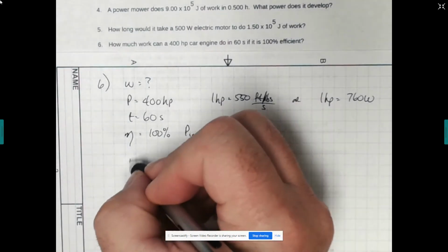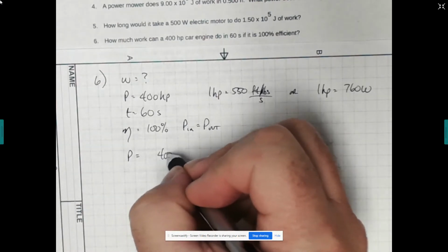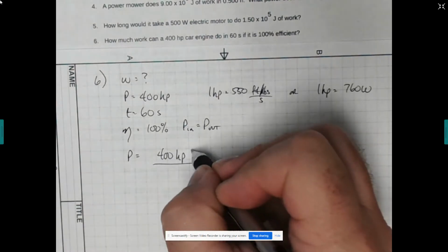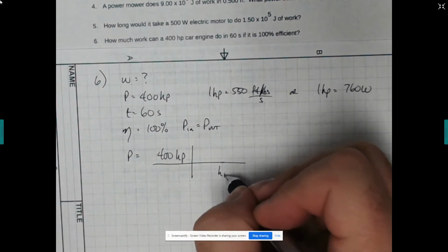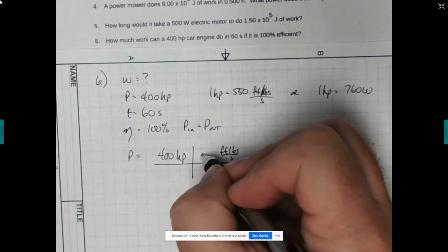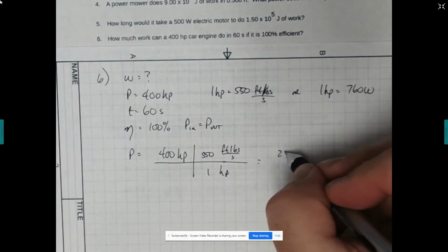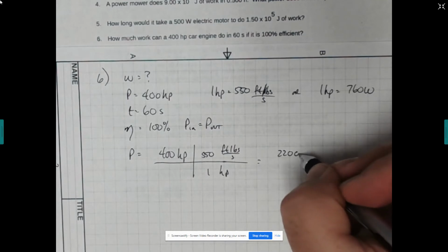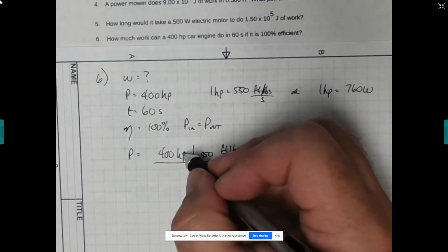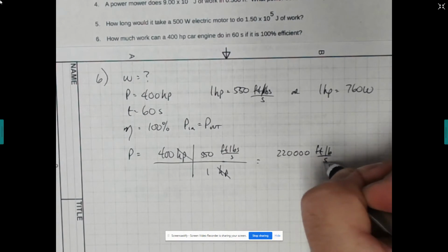So if we convert our power, okay, so we're going to take our power, it's 400 horsepower. And if I do a little doodad here, if we put horsepower on the bottom, then we could put foot-pounds per second up here on the top. So 550 and 1. So if we multiply this, we end with 220,000, right? The horsepower went away, and so we just end up with foot-pounds per second.